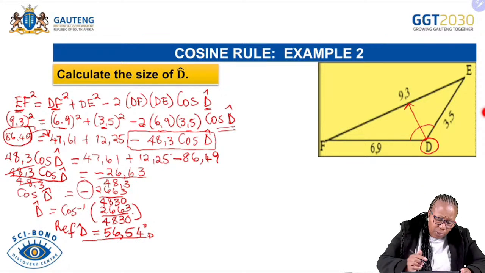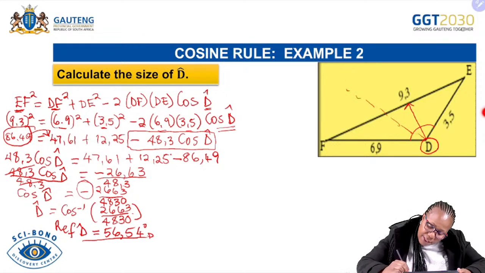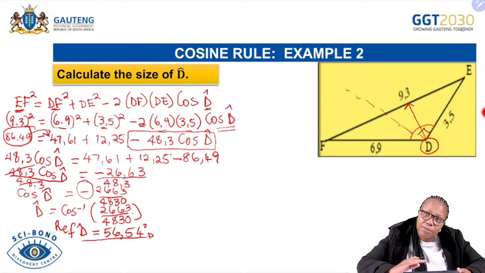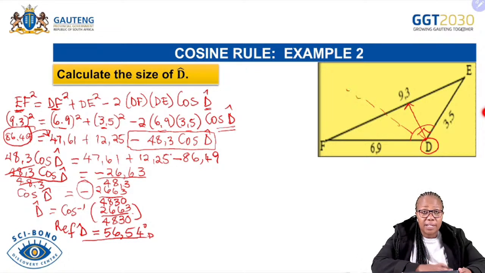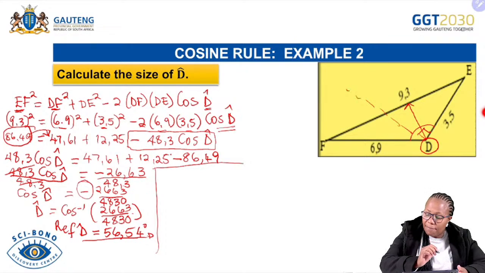If that is your 90, can you see that this is a little bit more than 90? Something must be added there a little bit, but it is before 180 degrees. Can you see that according to the diagram, grade 12? You must be able to identify that. And therefore we are looking at the actual value of D, which is obtuse now.